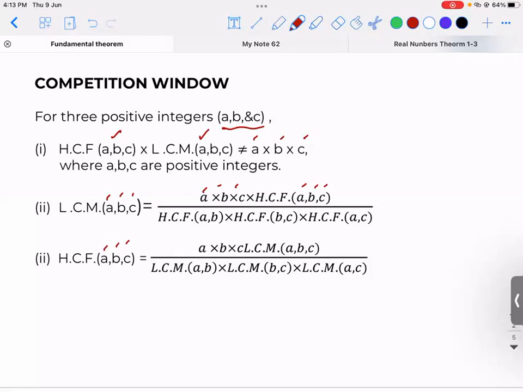They will give you the LCM of ABC, the LCM of AB, LCM of BC, LCM of AC, and they expect you to apply this formula and find out the HCF. Then how is it going to be? It's exactly the same. Only LCM and HCF are swapped.